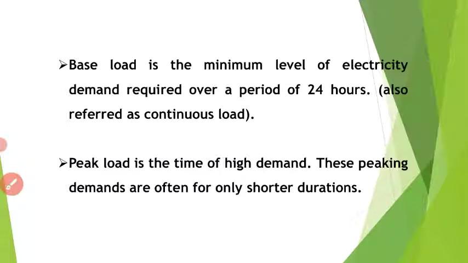Base load is the minimum level of electricity demand required over a period of 24 hours, meaning throughout a day load is required. So it is the minimum level of electricity demand over a period, whereas peak load is the time of high demand. As I have shown in the graph, the peak load is the time of high demand. These peaking demands are often for only a shorter duration.